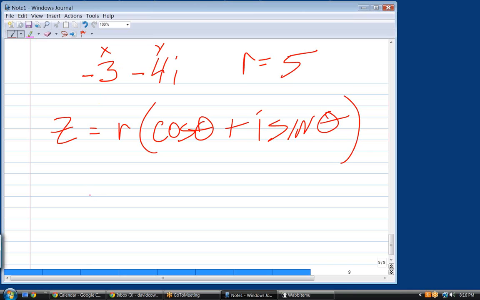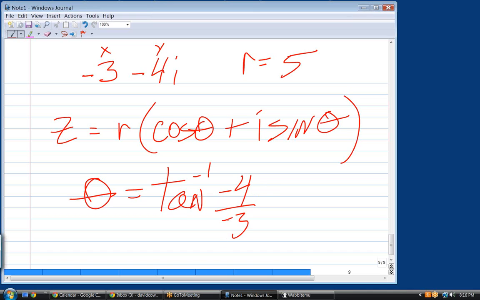Okay. What's theta? So it's the inverse tangent of -4 over -3, it's y over x. Give me that on your calculator. What is that number? And do I need to add 180 degrees to it?